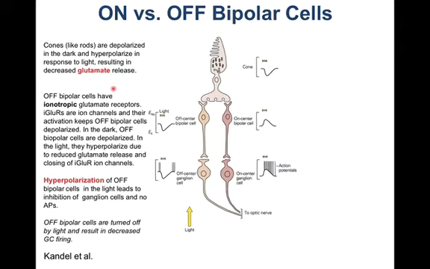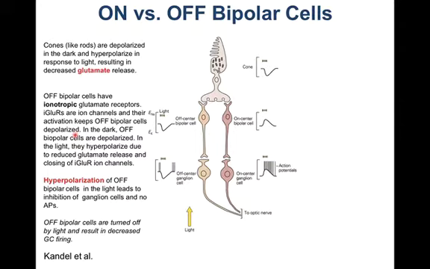Unlike on bipolar cells, which we just said have metabotropic glutamate receptors, off bipolar cells have ionotropic glutamate receptors, or iGluRs. On bipolar cells have mGluRs. Off bipolar cells have iGluRs. And iGluRs are ion channels, and their activation will depolarize an off bipolar cell.